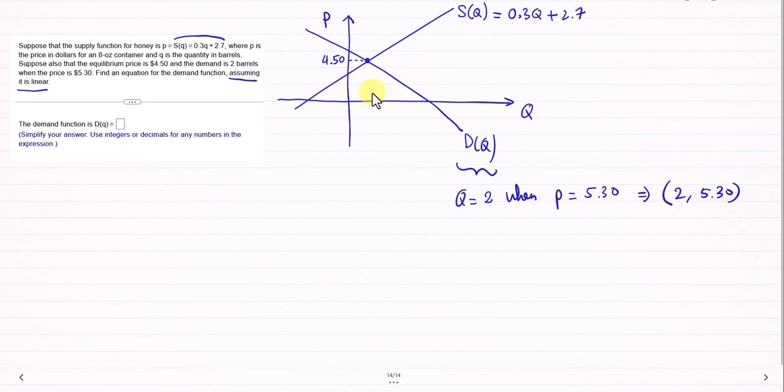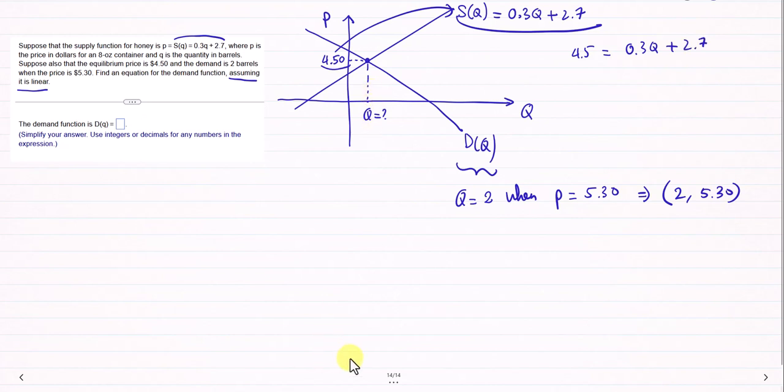I can use the given supply function to find my Q value here. I know that the price is $4.5, which is this y value. So 4.5 equals 0.3Q plus 2.7, and it helps me solve for Q.